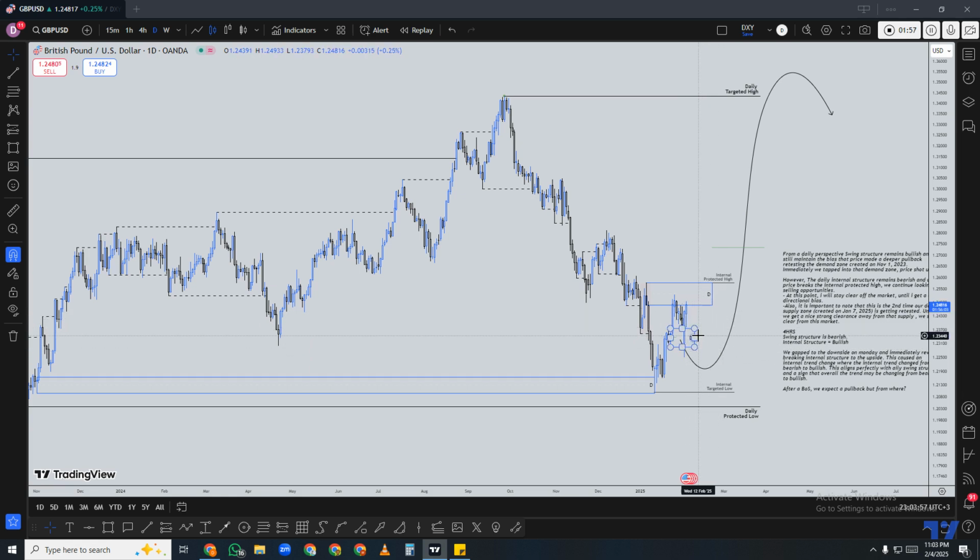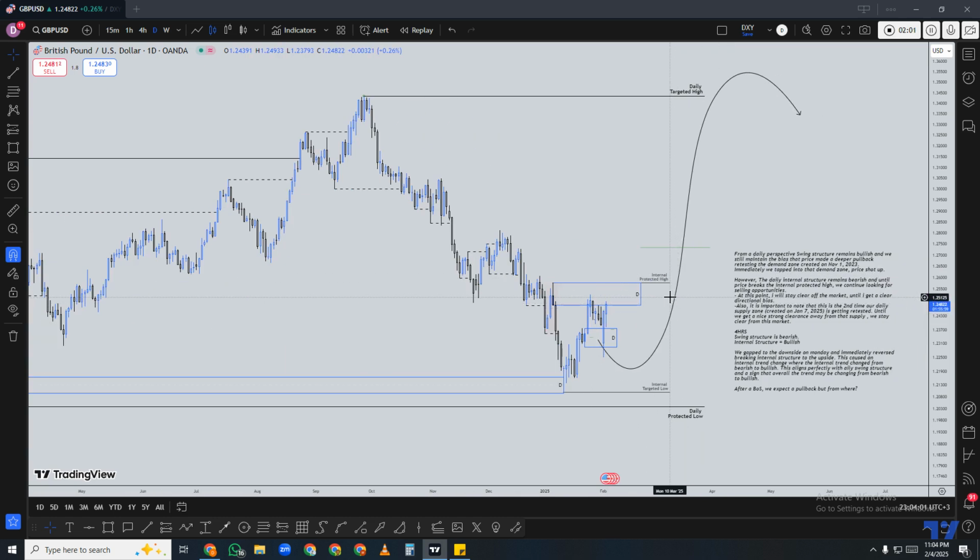That is something that we may need to consider while trading this currency. I know it seems like we are in this very nice and established bearish trend, but it's also good to consider where the price is coming from.